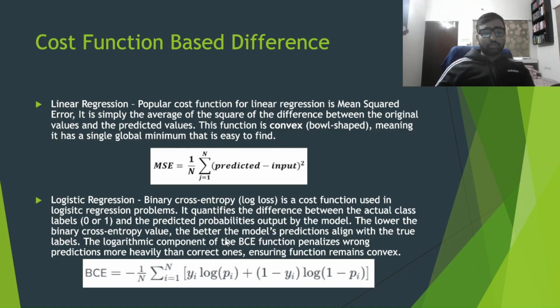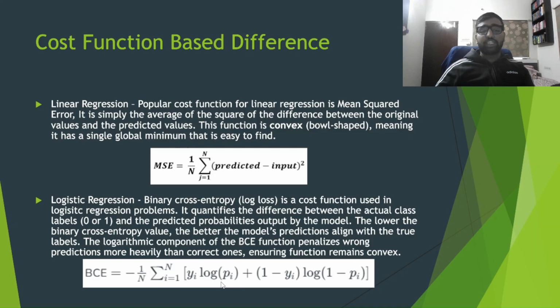The logarithmic component of the BCE function penalizes wrong predictions more heavily than correct ones, ensuring the function remains convex. So as I told you, there are heavy penalties for a wrong prediction compared to the rewards for the correct prediction. By using that mechanism, it implements the log x function basically.